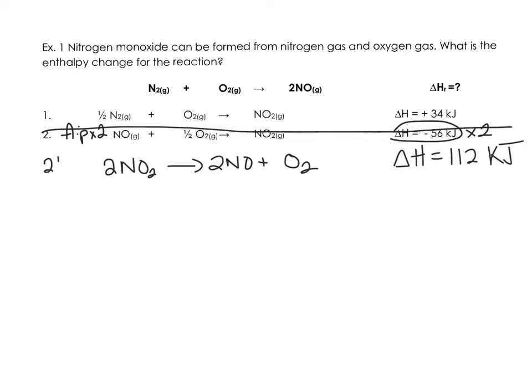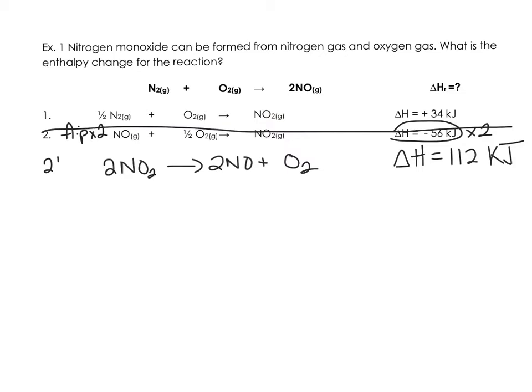So now we have NO on the correct side with the correct coefficient, but we need to get rid of oxygen on the right because there's no oxygen up here. And if you look here, we've got 2 NO2s on the left. We have no NO2s in the overall reaction, on the right or the left. So we're going to manipulate equation number 1.